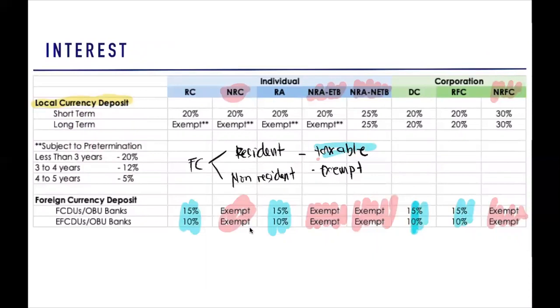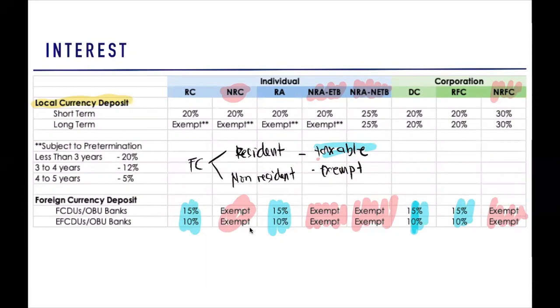Okay. So what do we look at here in your foreign currencies? How do we subject your taxes or your interest income from your foreign currencies? Okay, so here we look whether it is under FCDUs or EFCDUs.